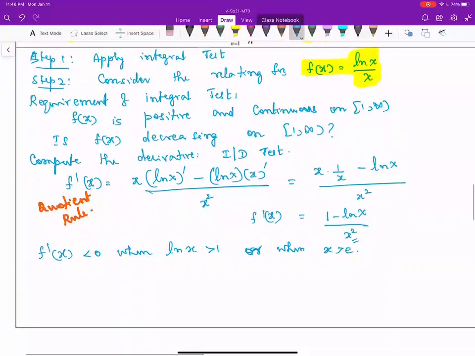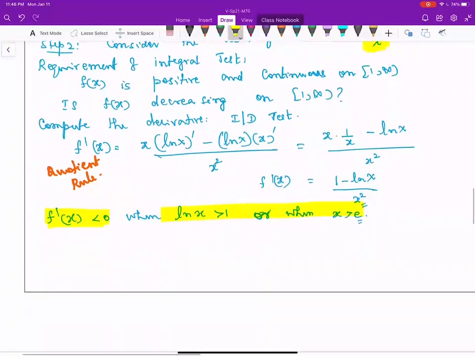So it follows that we only have to prove that f is decreasing eventually or ultimately. For every x more than e, the function is decreasing because the derivative is less than 0. So we can say it is eventually decreasing.